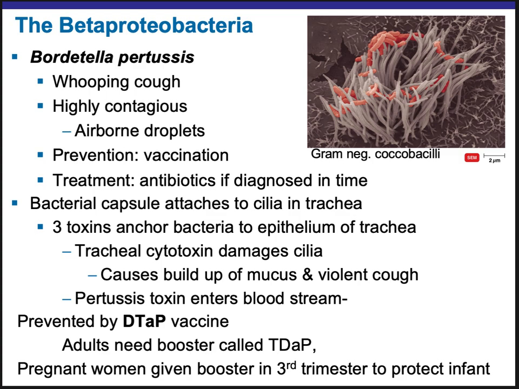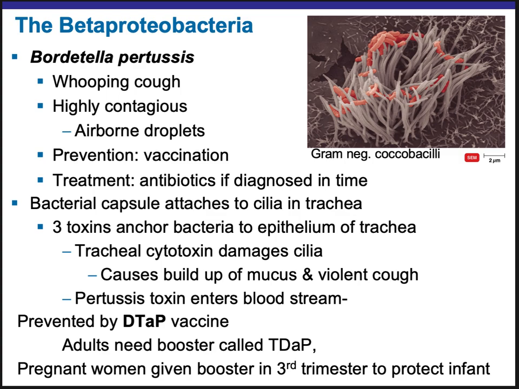Okay, so these 3 toxins, once they're in the body, antibiotics are not going to help, right? Antibiotics will help kill the bacteria, but they won't get rid of the toxins. Of course, the sooner you get rid of the bacteria, the fewer toxins and the faster the person can start to recover.